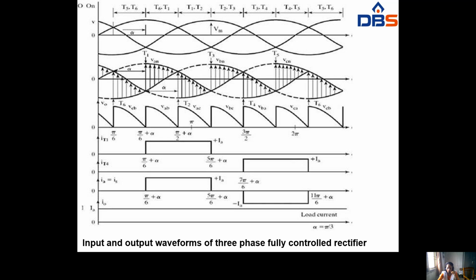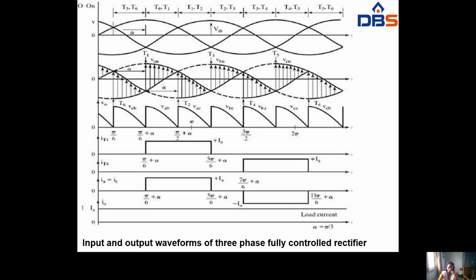That's why T1, T3, T5 are called the positive group thyristors and T2, T4, T6 are called the negative group of thyristors. These are the continuous mode voltages. Some rippling will be there. So this is the output voltage at alpha equal to 30 degrees.